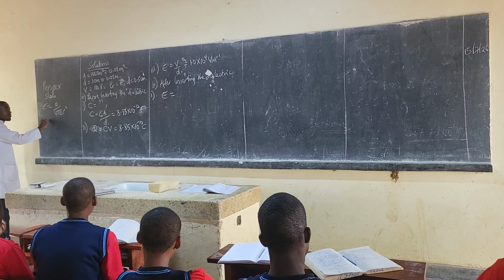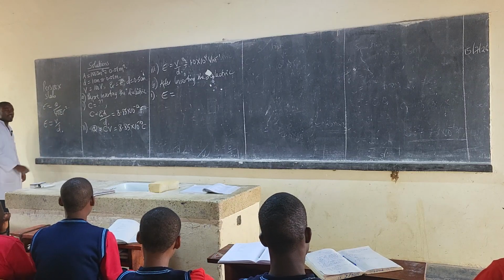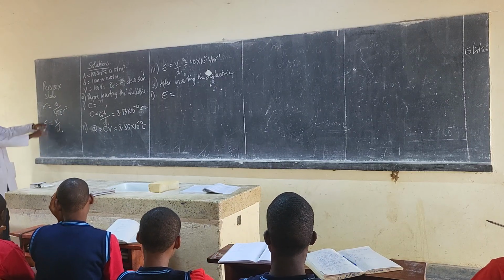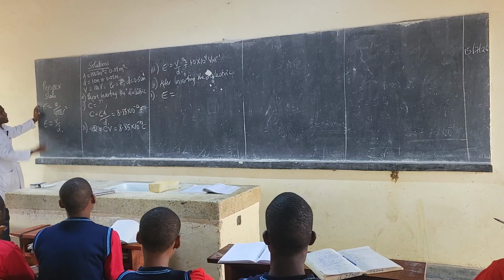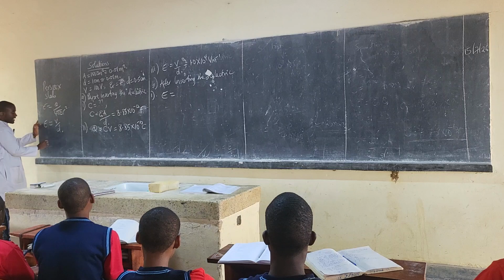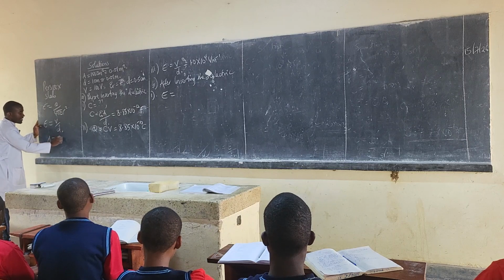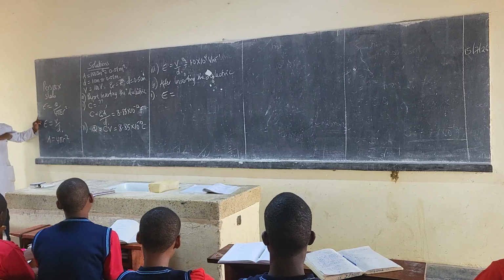Or we can have it from E equals V over D. But if I compare this with what I have, you see that I can get my area as 4 pi R squared. What shape or figure can we find its area by using this formula? A what?